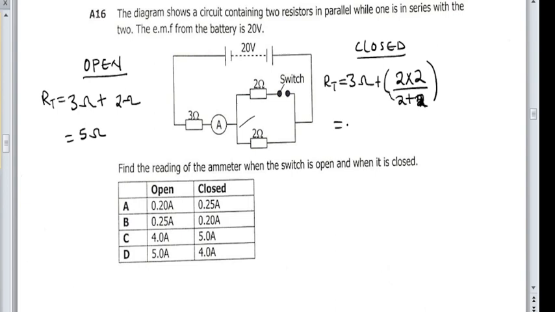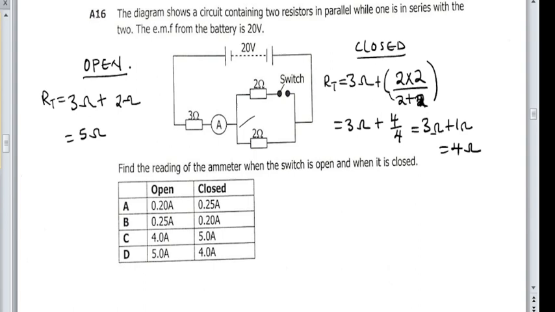So this will give us 3 ohms plus 4 divided by 4. This will give us 3 ohms plus 1 ohm. This will give us a total of 4 ohms. So we have found the resistance when it is open and when it is closed.